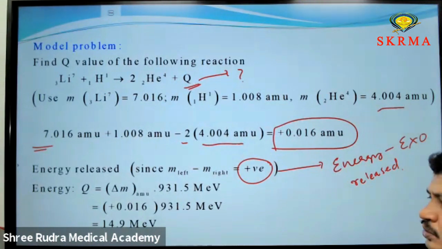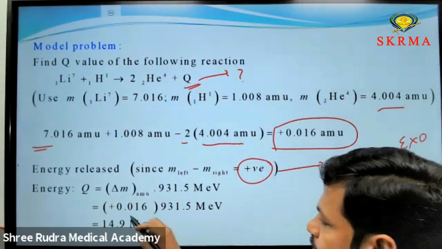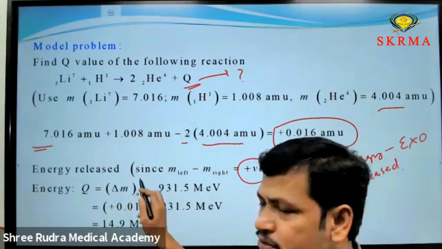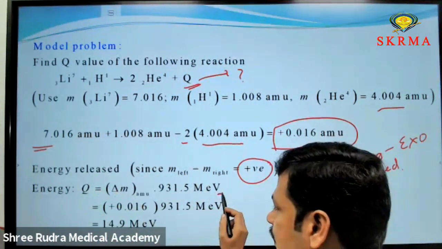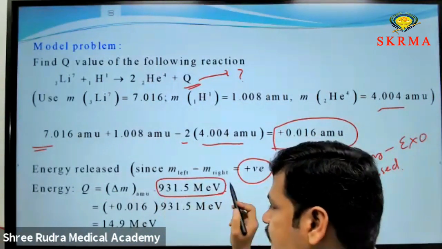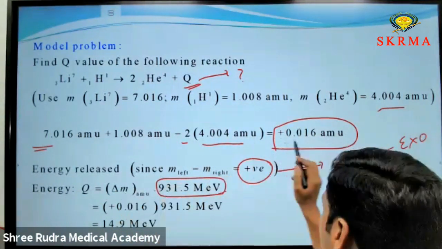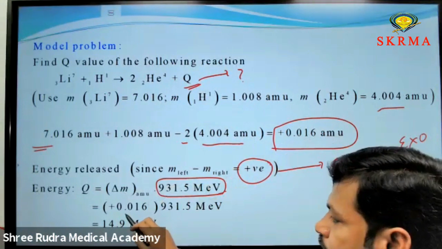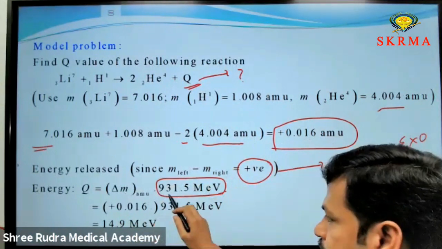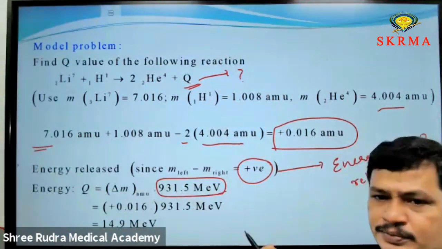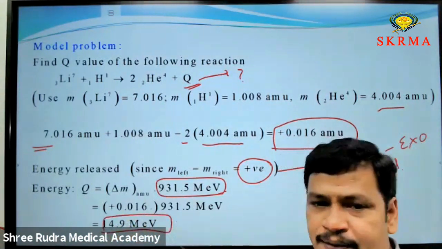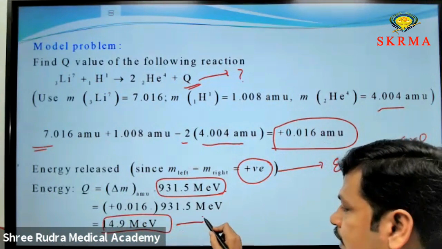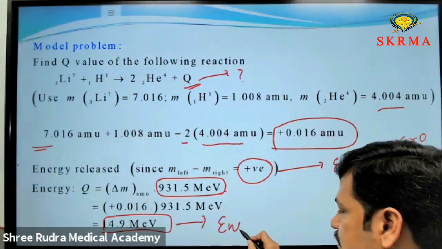If you want to calculate Q value, if delta M is in AMU, then the heat energy comes in 931.5 MeV. Delta M value is 0.016. We substitute here into 931.5 MeV. The final result is 14.9 mega electron volts. This much of energy is released.